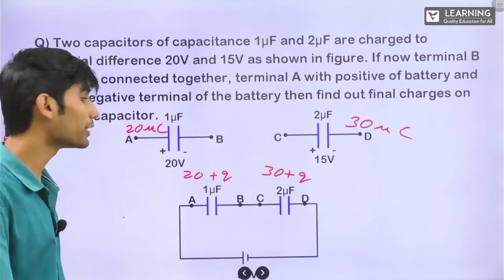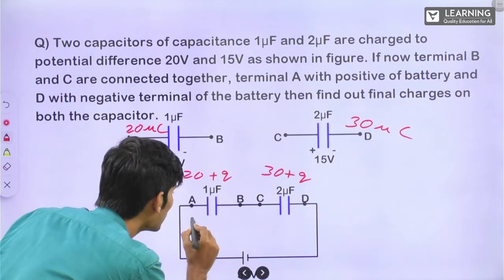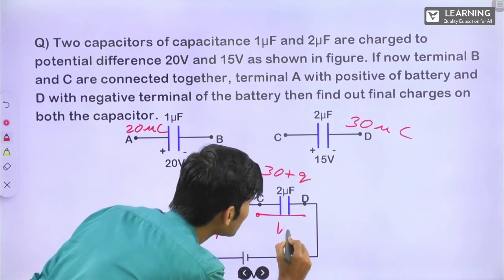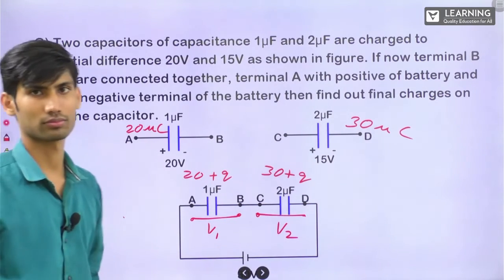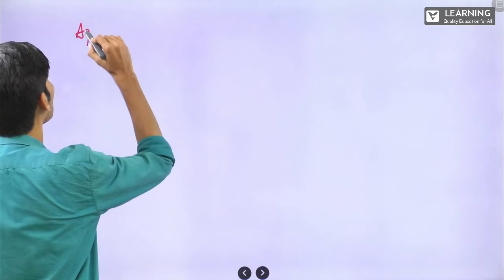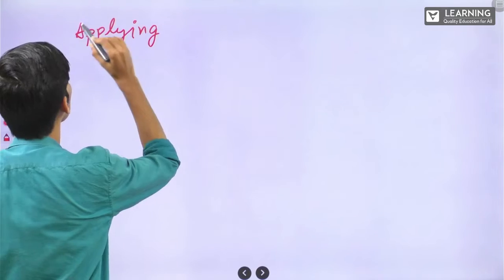Clear? Now we will apply Kirchhoff's law. These two terminals will be having some potential, let's say V1. These two terminals will be having some potential, let's say V2. Fine. Kirchhoff's law will apply. How do we apply Kirchhoff's law?